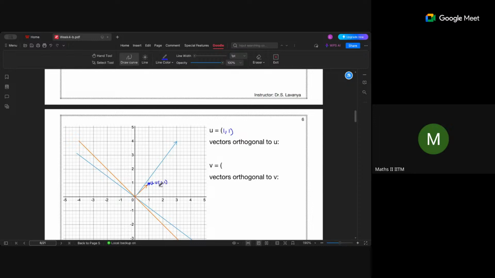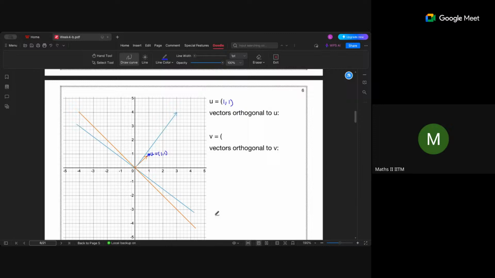Now what are the vectors which are orthogonal to u? We have already solved this problem in the previous session. How will you find vectors which are orthogonal to u? What you usually do is take the dot product and equate it to 0.